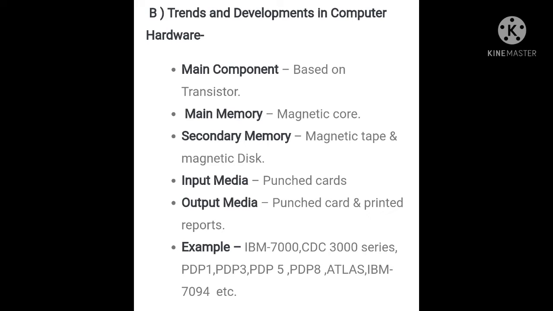Examples of second generation computer hardware: IBM 7000, CDC 3000 series, PDP-1, PDP-3, PDP-5, PDP-8, Atlas, IBM 7094, etc.